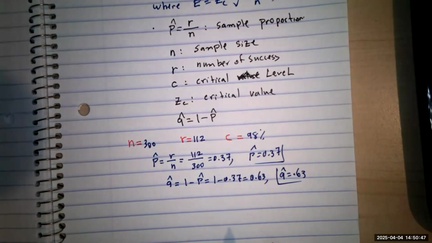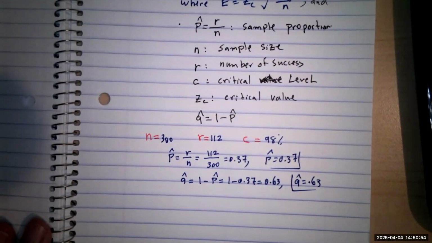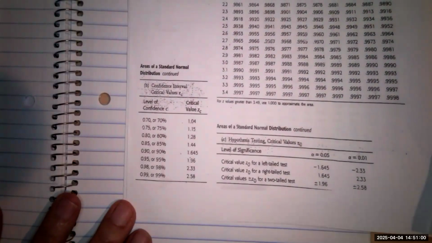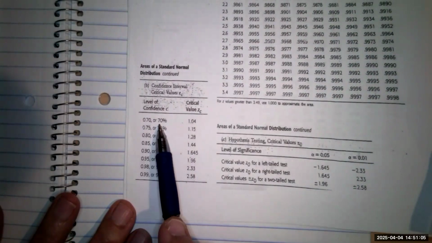Then what you have to do, you have to find the Zc. We gave you the table the other day for these numbers, the critical values. This is the one that I talked about during the lecture notes. You see over here, these are the percentages, and these are going to be the Zc. In this case, you are interested in 98%.